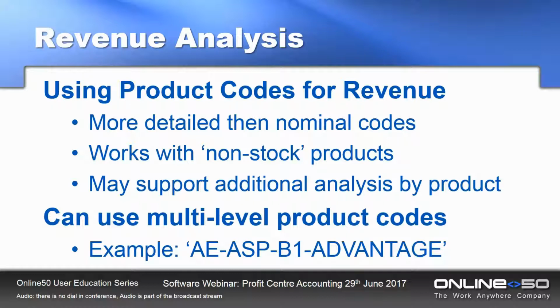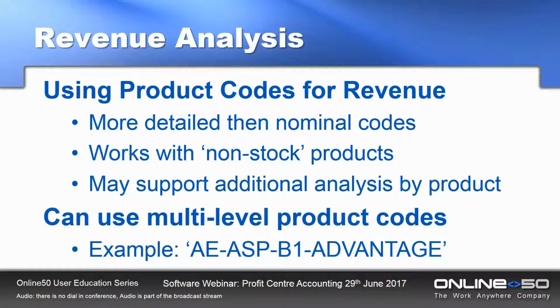B1 is for Business One, and Advantage is the software level. So we sell a license, Ambition Advantage, which is part of the Ambition Enterprise family. This is the product code for it. There are other product codes with similar breakdowns. We can then extract information from those codes, and that can help us understand sales based on what's being sold.